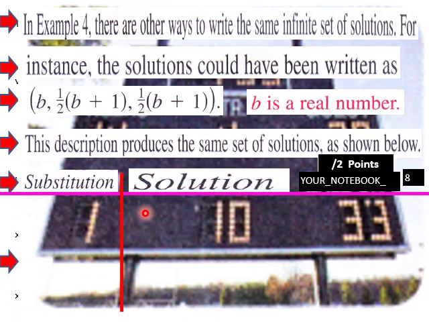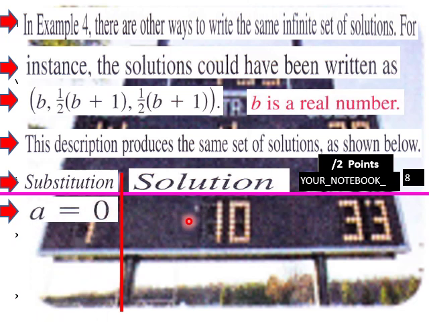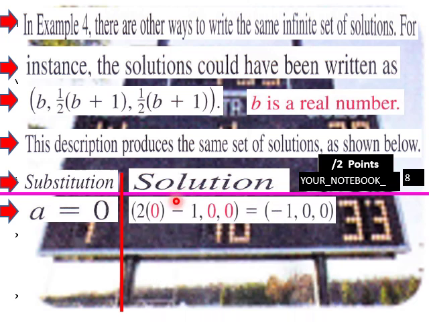So, okay, let's get into a table here. When a equals 0, we get 2 times 0 minus 1, and then 0, 0, which will give us -1, 0, 0. That would be one possible solution for that.